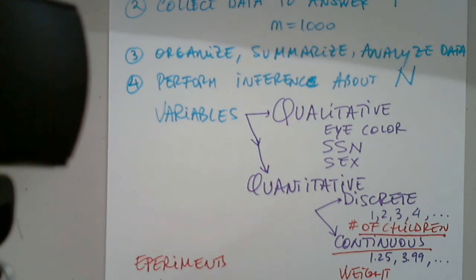Natural hair color. Can you add, subtract, multiply hair color? No. So what is it? Qualitative. Good. Distance of commute to work. Quantitative. Good. Discrete or continuous? Continuous.